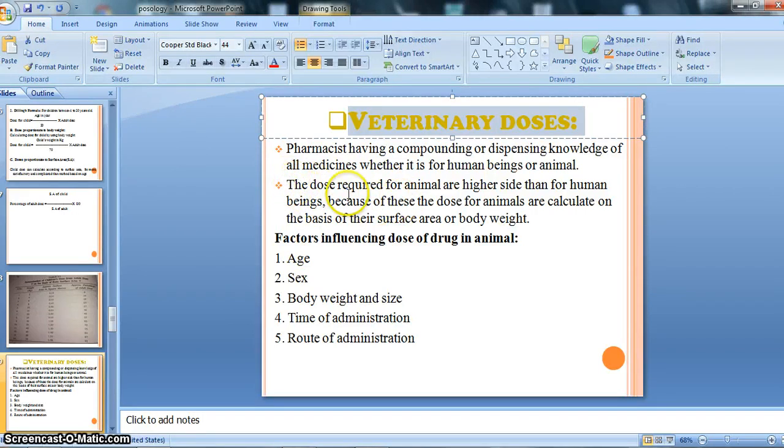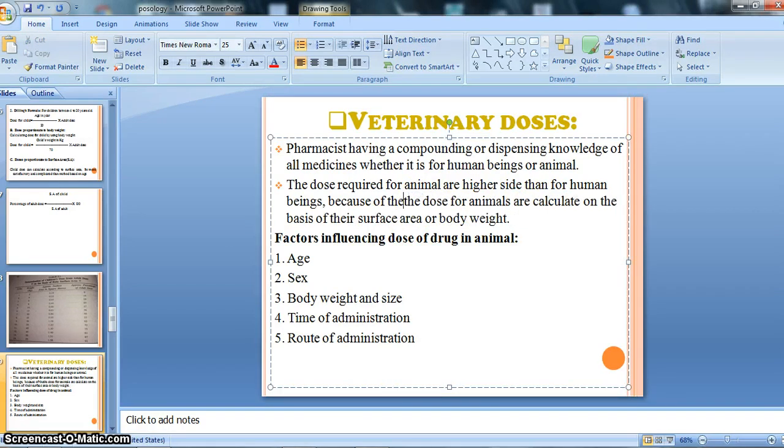The doses required for animals are on the higher side than for human beings. Because of this, the doses of animals are calculated on the basis of their surface area and body weight.